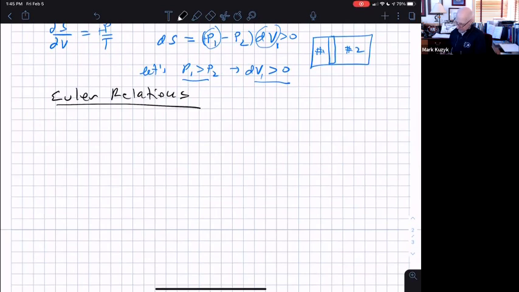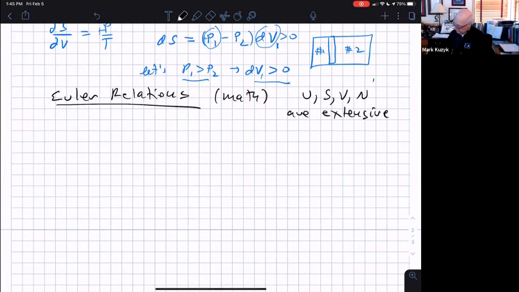Now this, at this point, is pure math. Now the math is based on some physics. And the physics that it's based on are that U, S, V, and N are extensive.